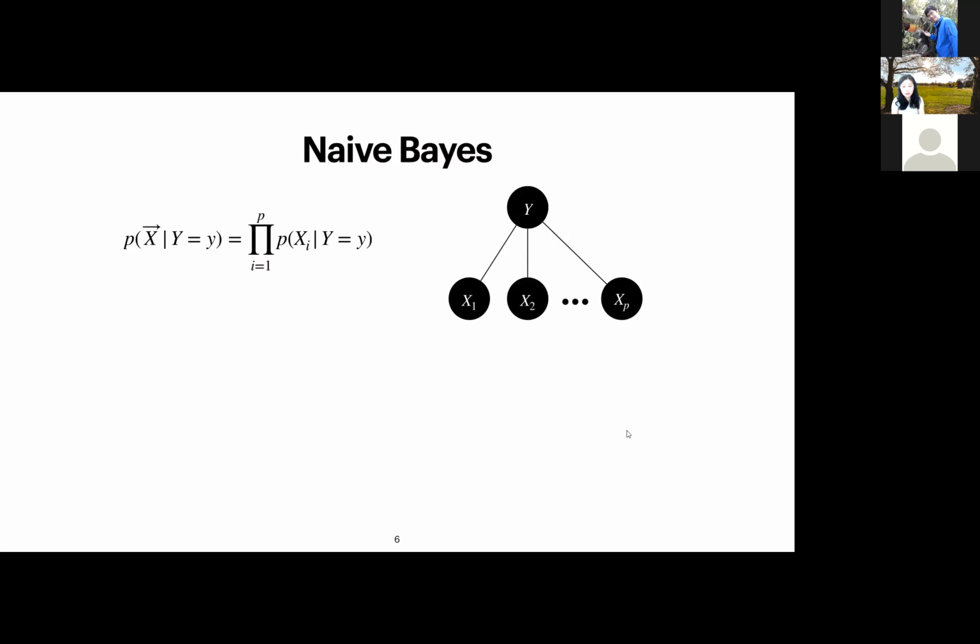So basically, naive Bayes makes the following assumption: the conditional probability of X conditioned on Y equals some certain y is just a product of the conditional probability of each random variable, or each coordinate of X, conditioned on Y, right? So this is making an assumption that the X variables here are conditionally independent given Y.